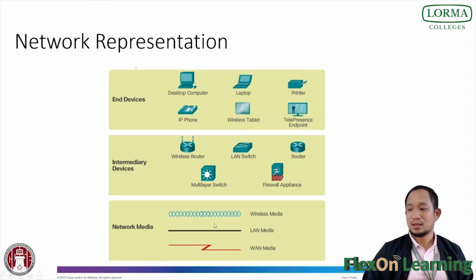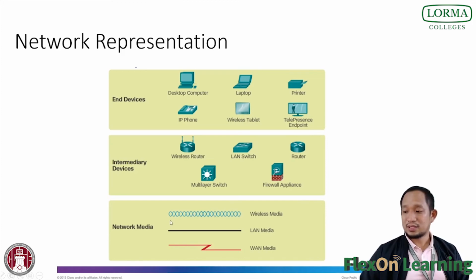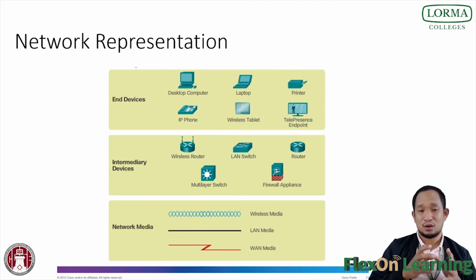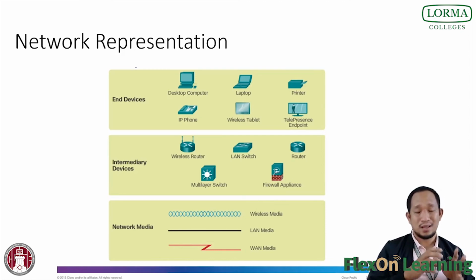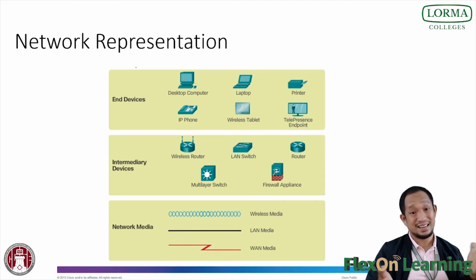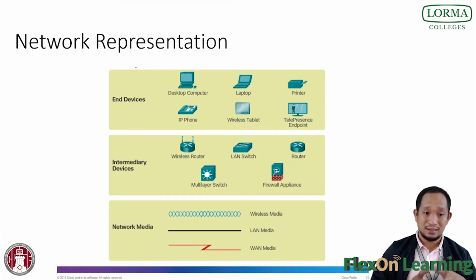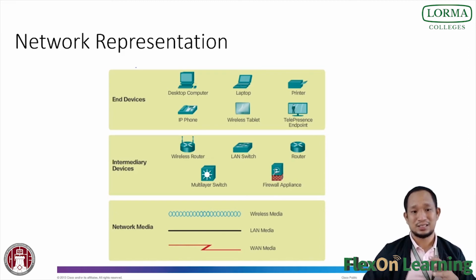You can see here, this is our wireless media, meaning through our Packet Tracer, we have connections from one wireless router to, let's say, a laptop that has wireless media. Another one is our LAN, the straight line, that's copper, and then our wide area network media. So these are the things that we're going to utilize on our Packet Tracer.